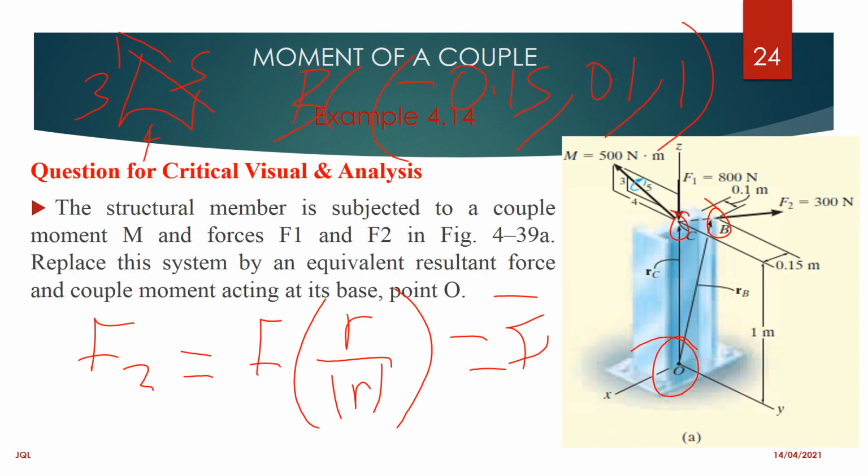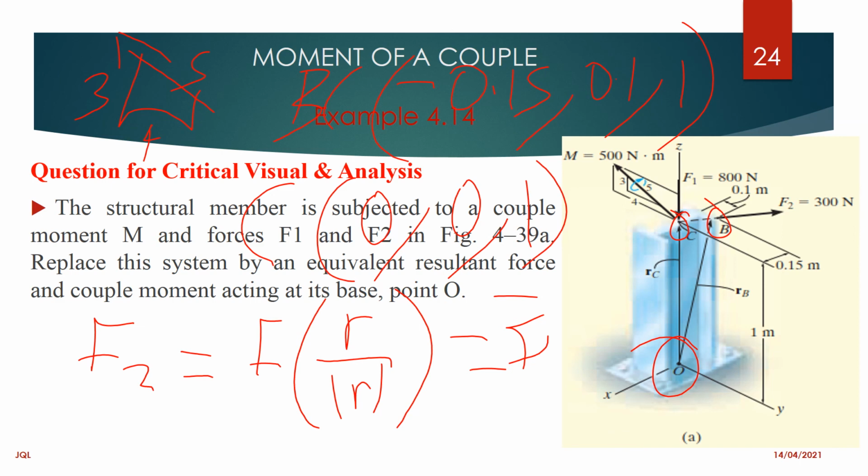Then also get the coordinates for C. C in the x, I think is 0. In the y is also 0. Then z, 1, positive.